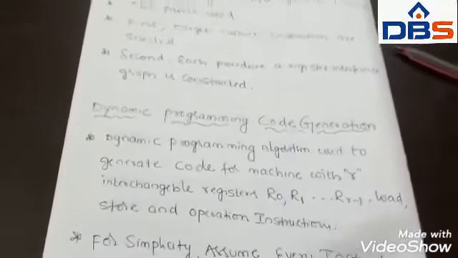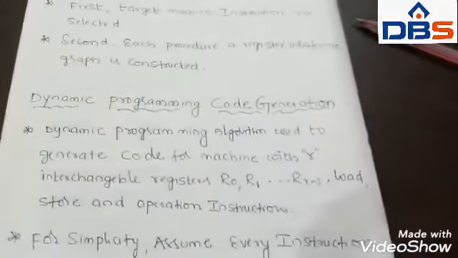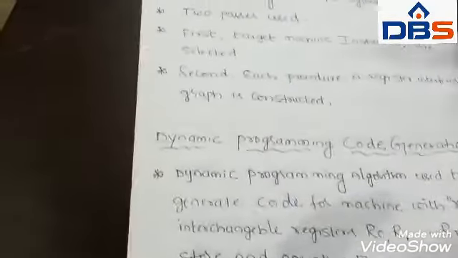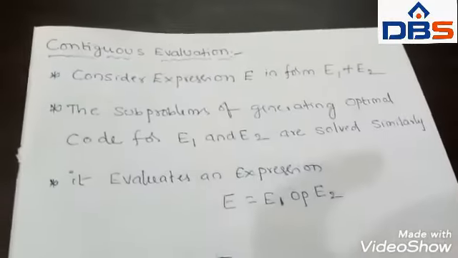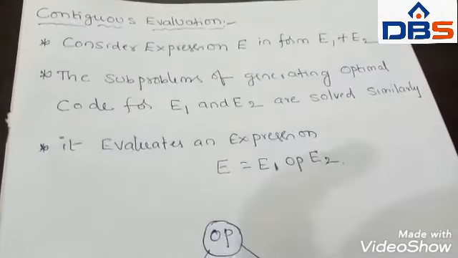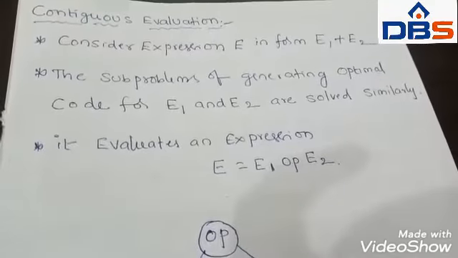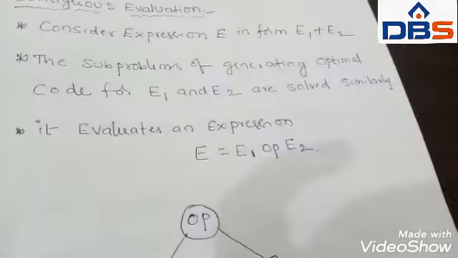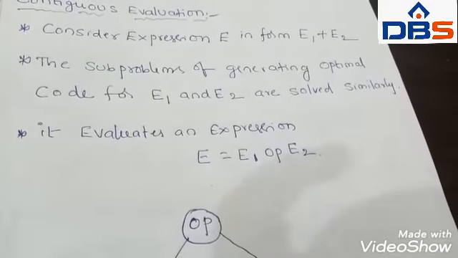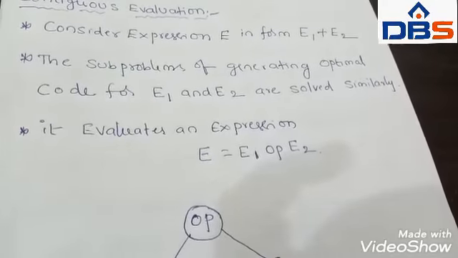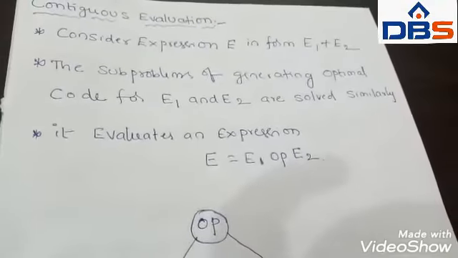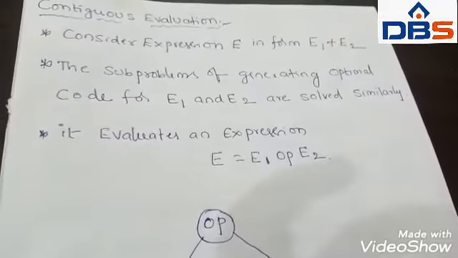Next, we are going to talk about contiguous evaluation. So what is meant by contiguous evaluation? The dynamic programming algorithm partitions the problem of generating optimal code for an expression into the subproblems of generating optimal code for the subexpressions of the given expression.